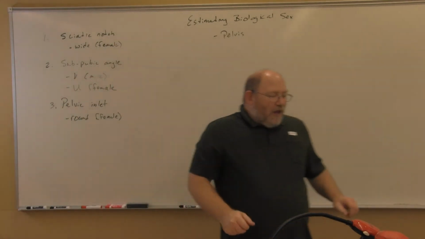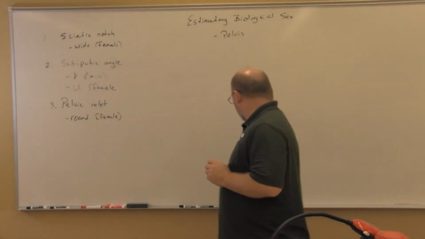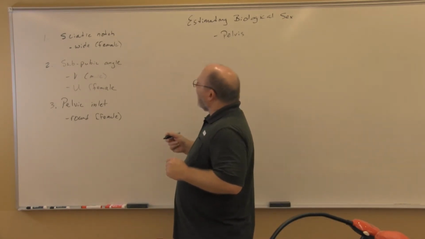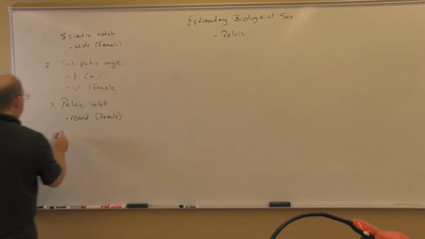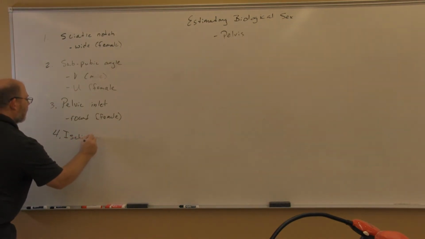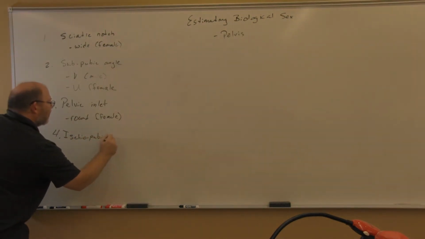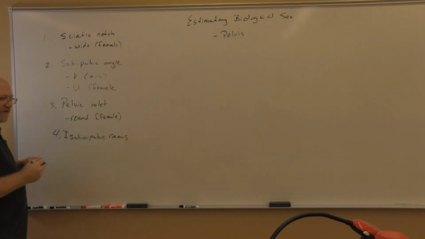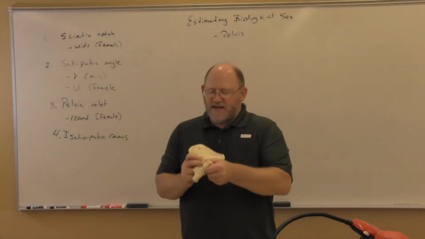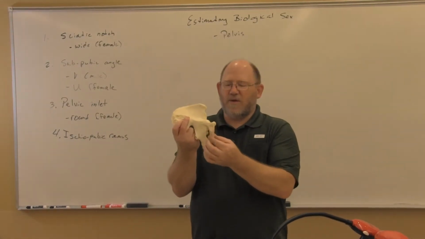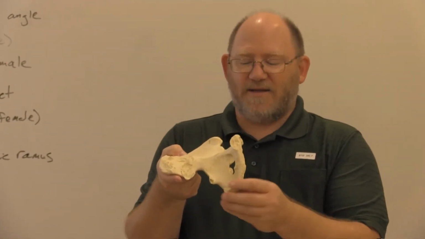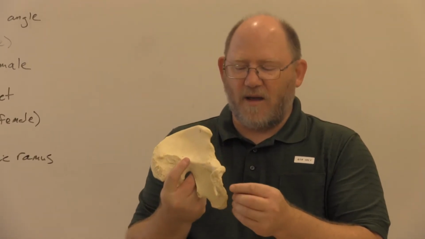Okay, now related to this subpubic angle, I mentioned the skeletal feature called the ischiopubic ramus. And this is that piece of bone that goes underneath the pubic symphysis from the pubic bone into the ischium as a second bone in the pelvic girdle.